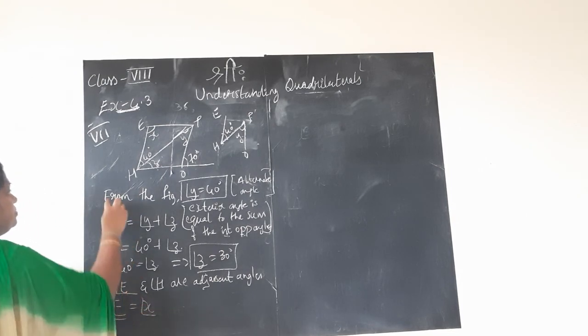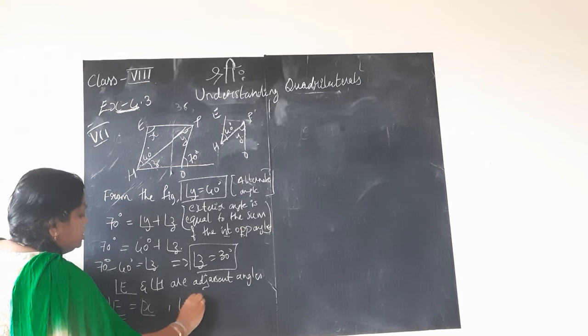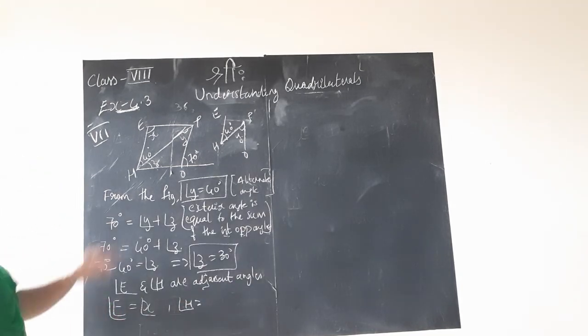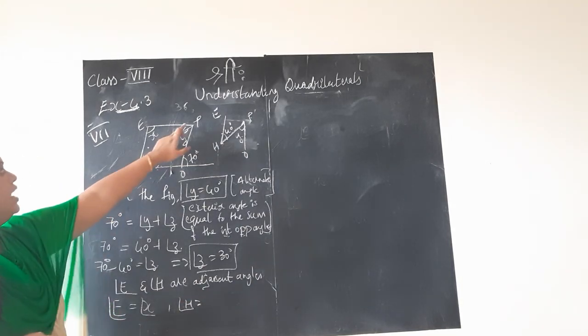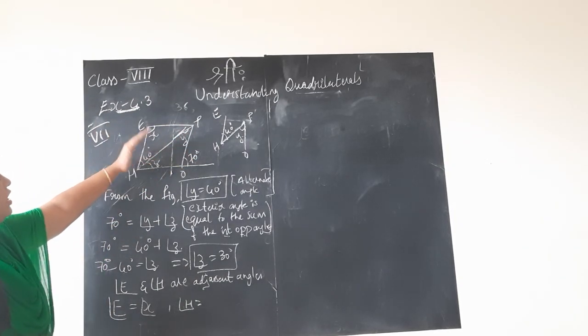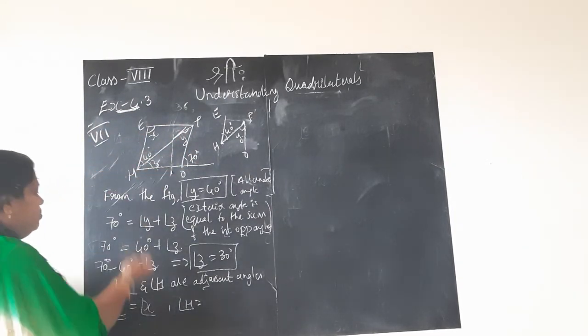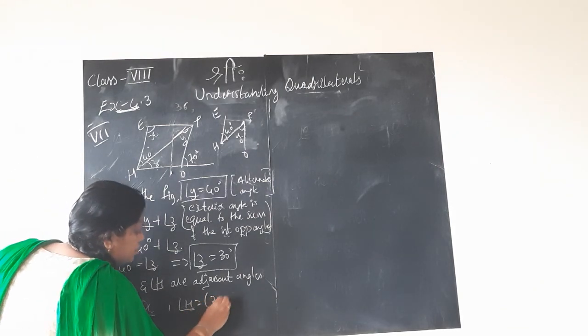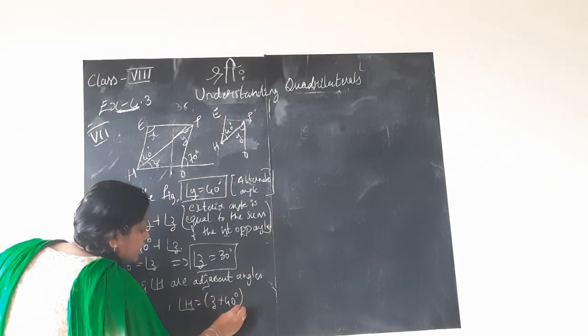If you observe children, angle H, this diagonal HP what is being drawn is dividing angle H into 40 degree plus Z. So in place of angle H, I should write Z plus 40 degree.